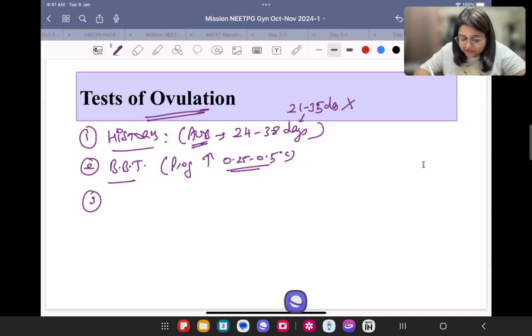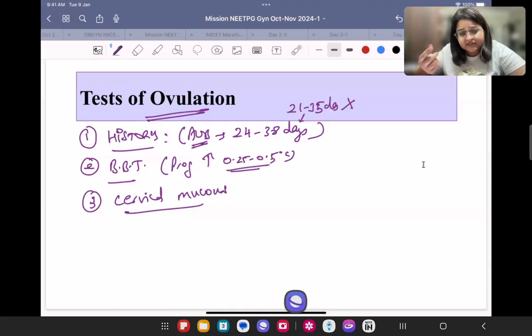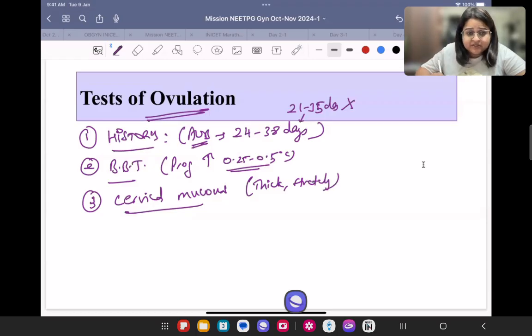Also, progesterone increases the thickening of the cervical mucus. It changes it from thin, okay, to a thick, stretchy mucus like raw egg white. So cervical mucus, if she checks in her fingers at the time of ovulation, it becomes thick and stretchy, which is called the cervical mucus method.